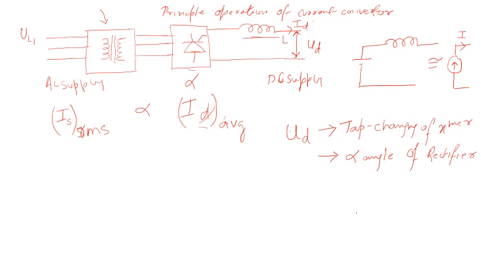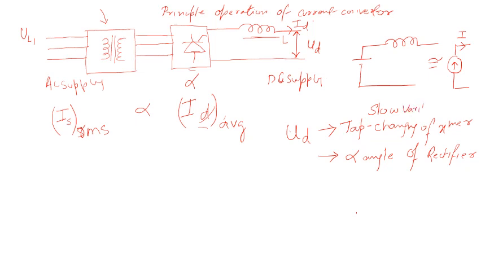Now you might ask, sir, we can control by using alpha of the rectifier, so why have we connected an extra tapping on this transformer? There are two types of control: slow control, or slow variation, and fast variation.